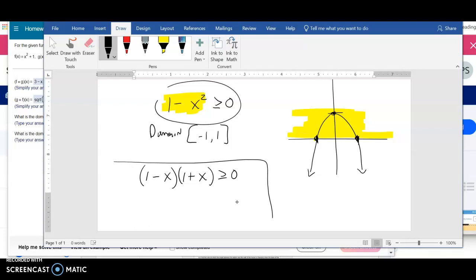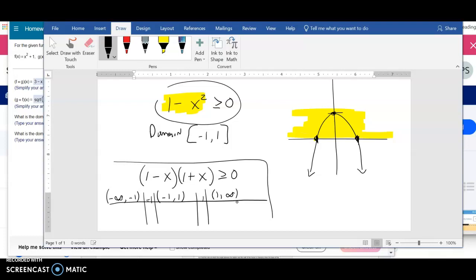What you do is you set it to 0 and solve for the zeros, which would be -1 and 1. And then you do a little number line thing. You get 3 sets here: from -infinity to -1, -1 to 1, and then 1 to infinity, looking at the entire real number line.